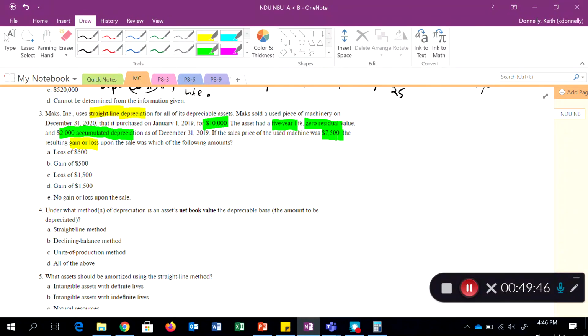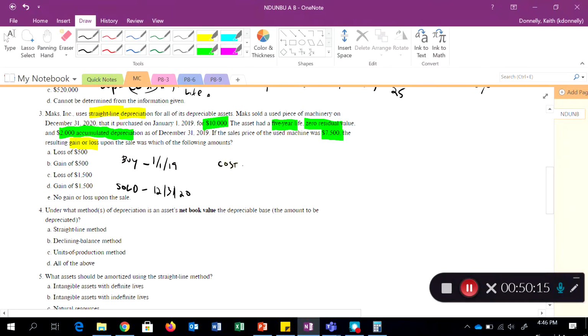Can you please tell us what the gain or loss on the sale is here? So we bought it on 1/1/19. We sold it on 12/31/20.